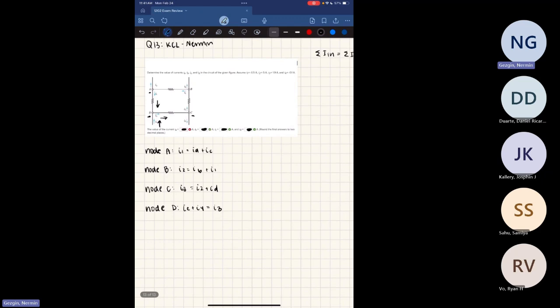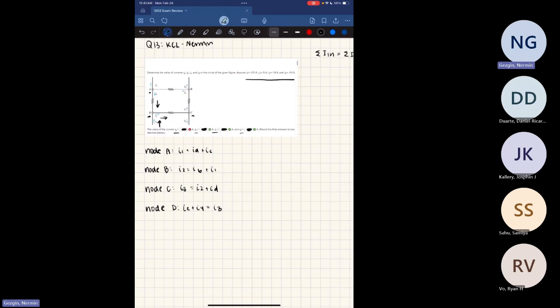Now we need to plug in what we are given here. We're given I1, I2, I3, and I4, and we're trying to find IA, IB, IC, and ID. So we plug each of these into these equations, and then we solve through. Let's see which one would be best to solve first.